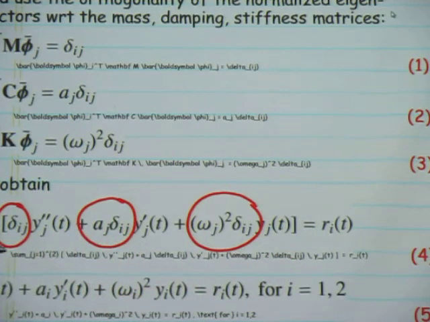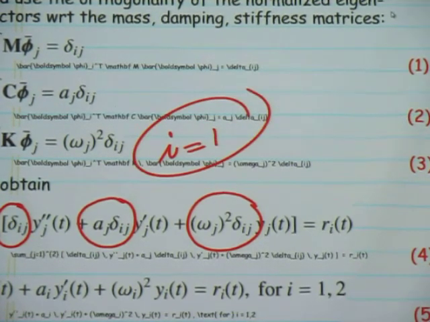Okay. Why? Because this is the sum of j going from 1 to 2, right? But I can think of I equal to 1 now. Let's set I equal to 1. Keep in mind that I equal to 1. First, we think about the case I equal to 2 later. So when I equal to 1, when j equal to 1, then delta 1, 1 is 1. But when j equal to 2, delta 1, 2 is 0.